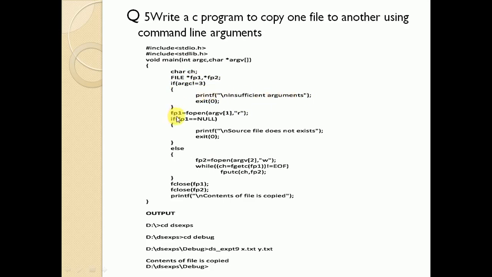Then fp1, that's file pointer 1, opens a file the first time in reading mode. Then if the file pointer is pointing to NULL, print source file does not exist, else fp2 is opening a file for the writing purpose, where you are copying the content of the first file to the second file, using putc.